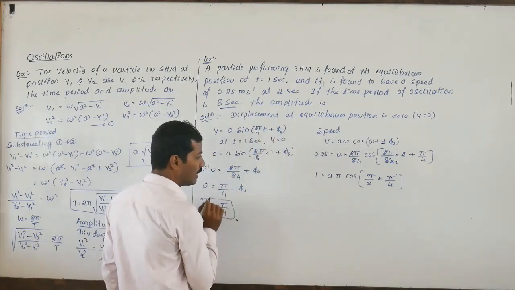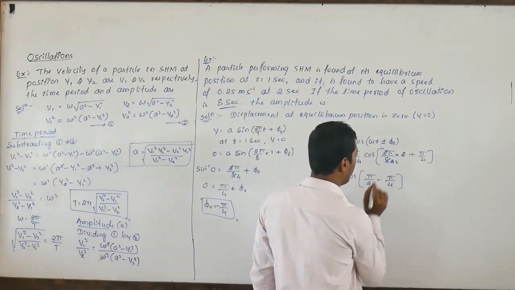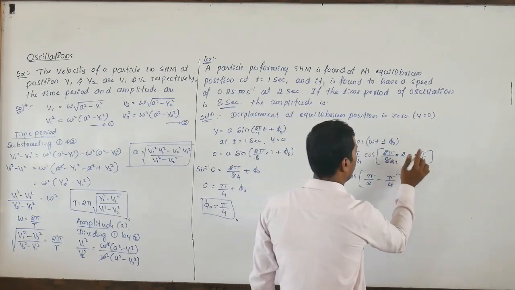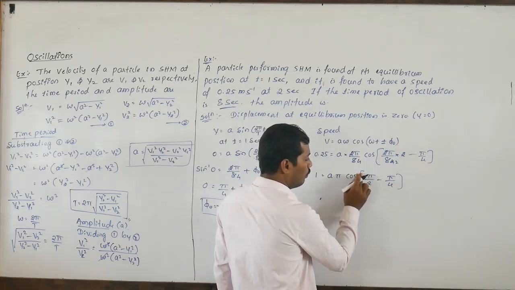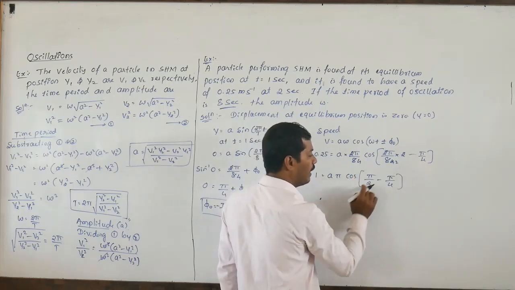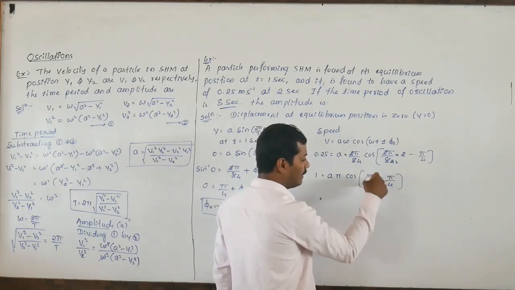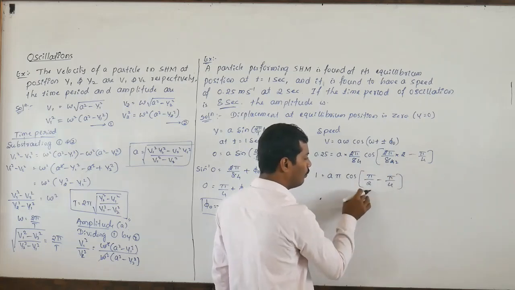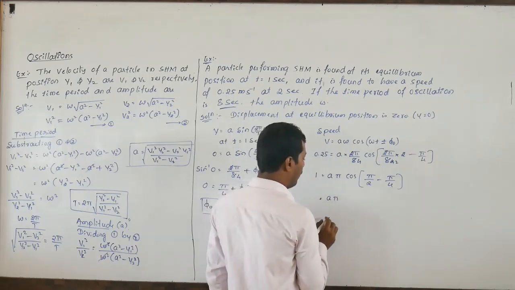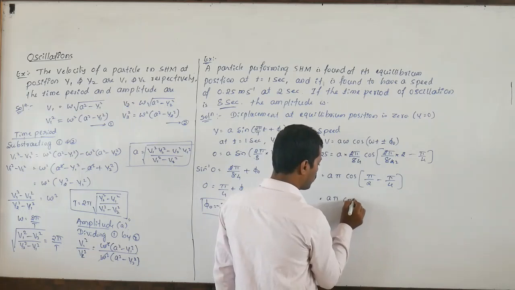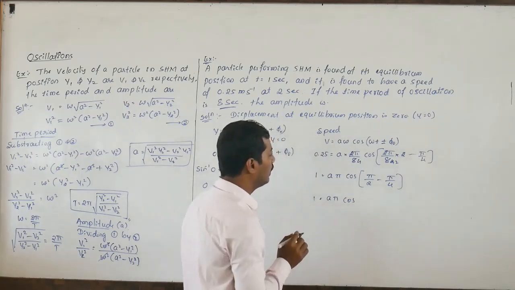This becomes minus pi by 4, minus pi by 4. Then 2 pi divided by 8, the LCM becomes 4, and it becomes pi by 2 again. A into pi cos of.